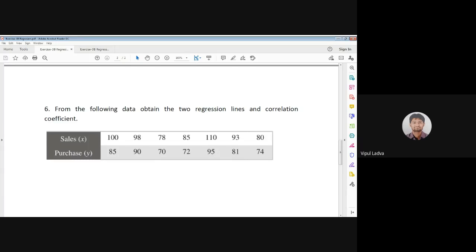Let me take the data from the regression material.